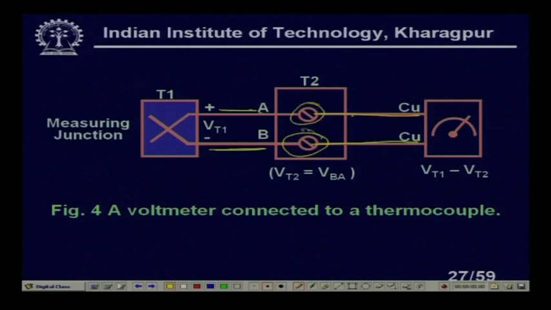So as long as these two junctions are at the same temperature, which we can achieve with an isothermal block, there is no change in the net output voltage. We are measuring the net output voltage by connecting with different wires, and obviously if different wires, dissimilar metals, are connected, then again a thermocouple is developed. This can be easily managed if these two are put in an isothermal block, as we talked about.